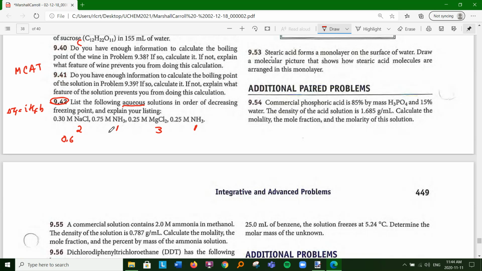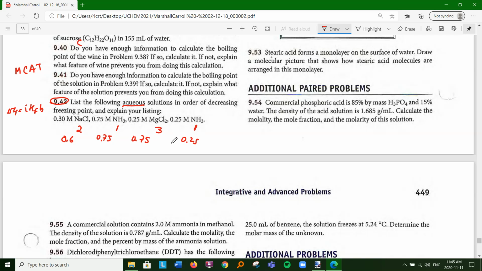NH3, well, there's just one of those, but that's swimming around at 0.75, so that's going to be more effective at lowering the freezing point. MgCl2, where there's 3, at 0.25, so that's 0.75. So that's going to be about as effective as NH3. And then a less concentrated NH3 would be 0.25.